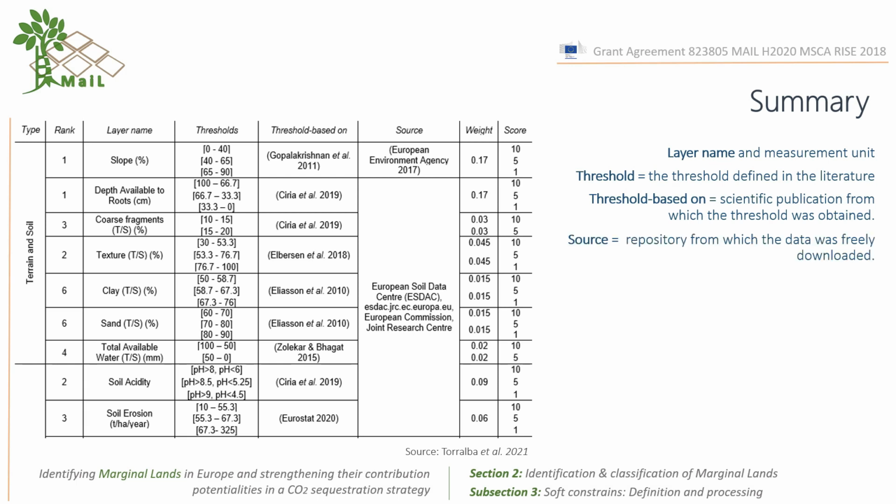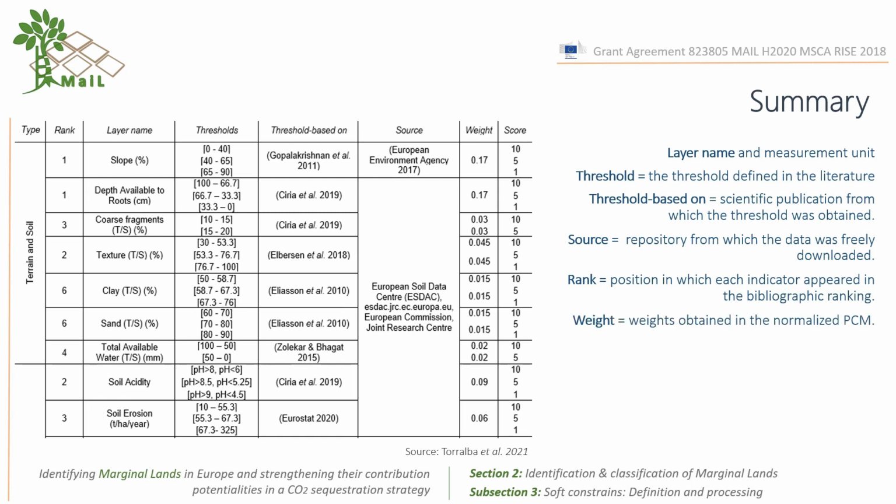Source refers to the repository from which the data was freely downloaded. Rank refers to the position in which each indicator appears in the bibliography ranking. Weight refers to the weights obtained in a normalized PCM. Score refers to the value given to each of the thresholds in order to categorize them according to their marginality.